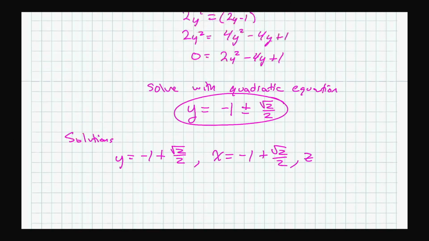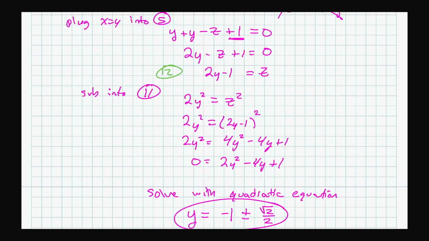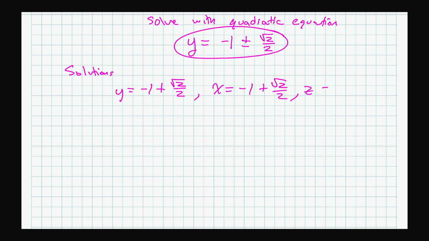We have an equation relating z and y, it's right here. z is 2y minus 1. So z is 2y minus 1, which is 2 times (-1 plus square root 2 over 2) minus 1, which is -2 plus square root 2 minus 1, which is -3 plus square root 2, I believe.